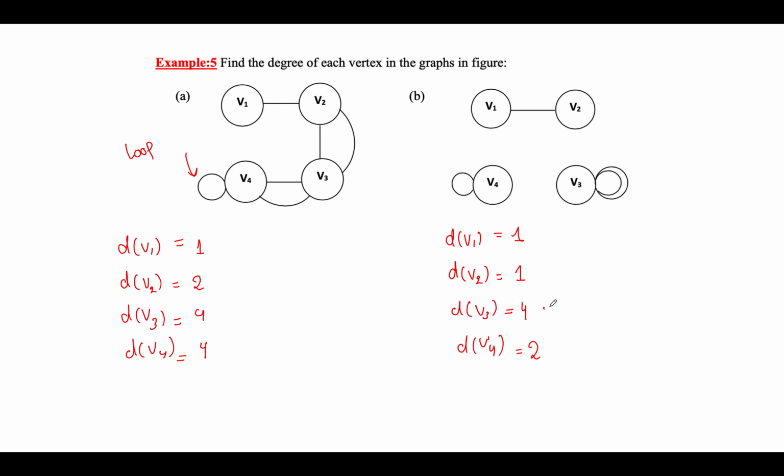From here we can see that here we got the even degree, and here we got the odd degree, and here we got 3 even degree and 1 odd degree. A new concept we can learn here is the degree sequence.